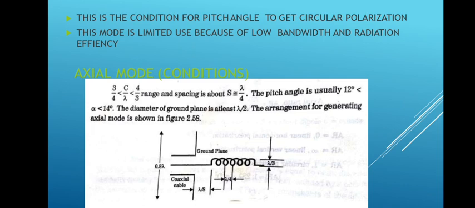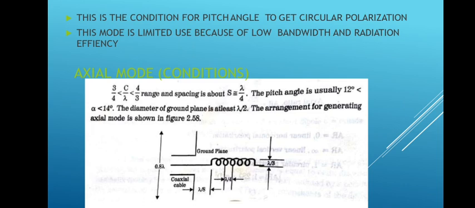Generally we say the helical antenna has circular polarization, so both left circular and right circular polarizations will be there, clockwise and counterclockwise. So counterclockwise or clockwise direction, right circular, left circular polarizations, right?